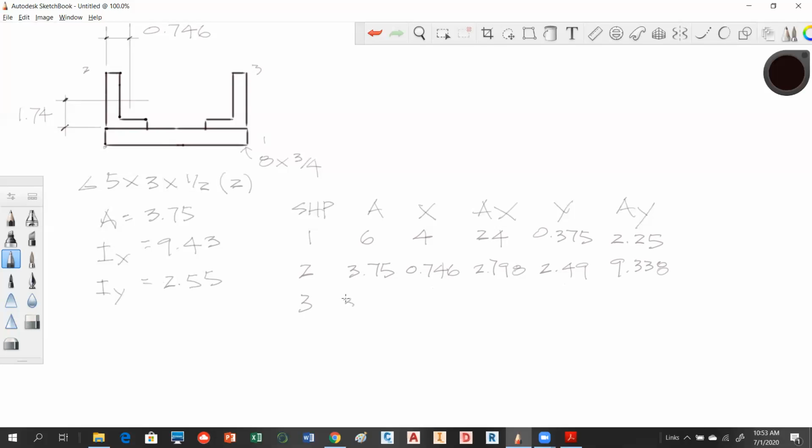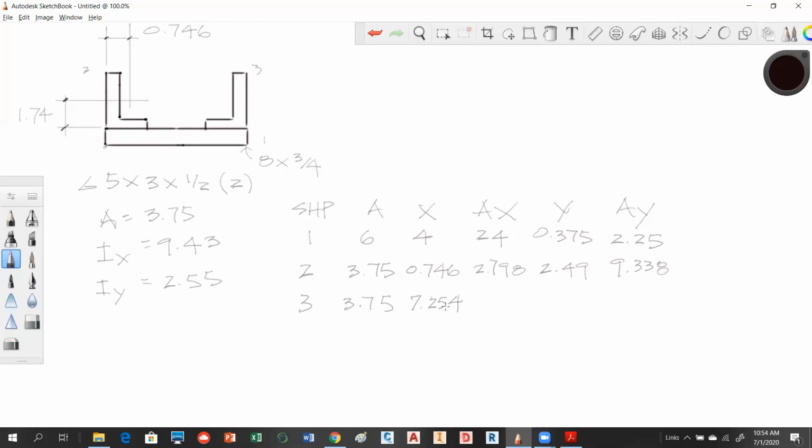Shape 3, excuse me. Same area, same type of shape. The X value on this one will be 8 minus 0.746, coming back this way, which should get you 7.254.